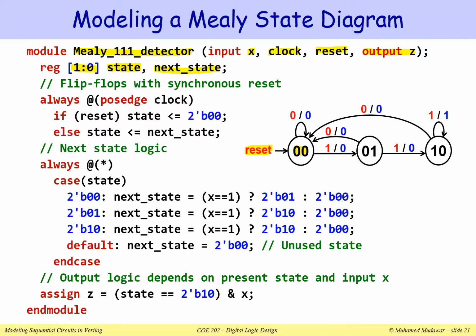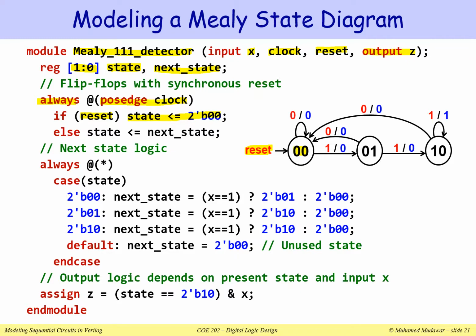These are my states. Now, in order to describe the flip-flops, I can write an always statement. This always statement is sensitive to the positive edge of the clock. If we have a reset, then this will take me back to state 0, 0. So I can write an if statement here: state becomes 0, 0 if reset.